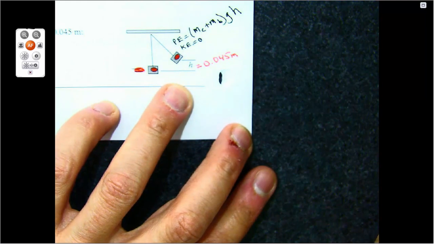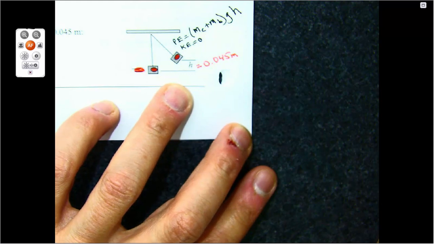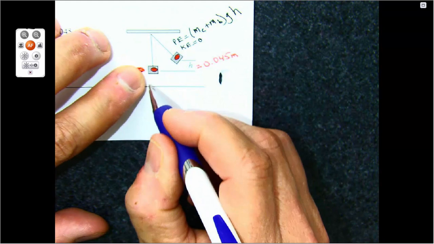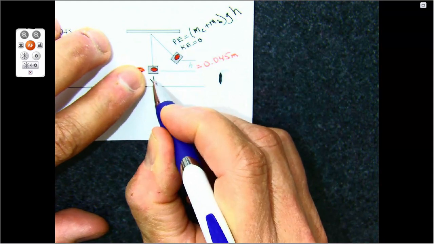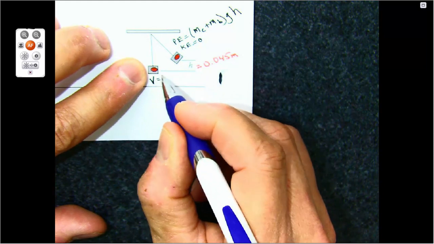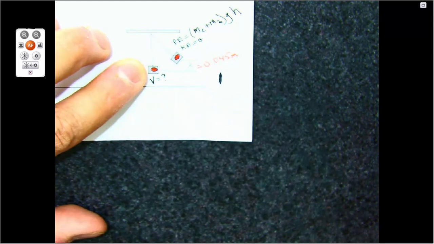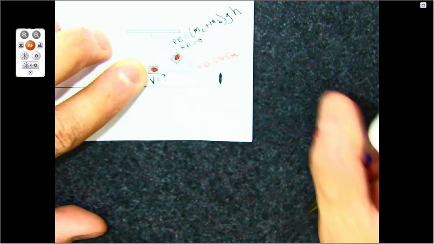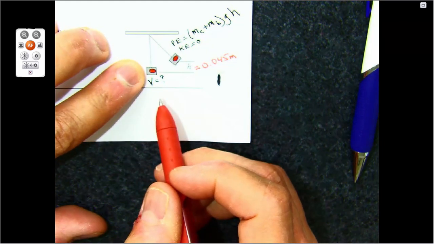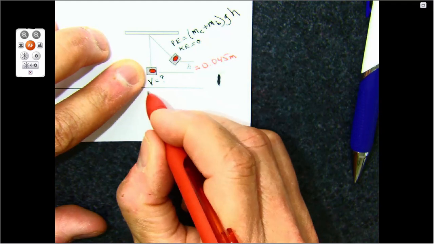Because they're together. What we're trying to calculate is what velocity down here it is heading up at. At the bottom, what's our potential energy? 0.